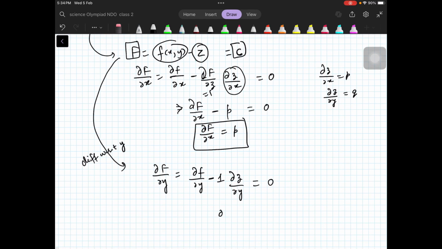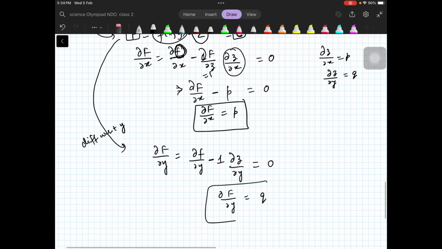So you'll get curly F by curly y is equal to q. Is z independent of x? No, z is not independent of x, but this is the same as the partial derivative, because we are talking about partial derivatives, so this can be capital F also.